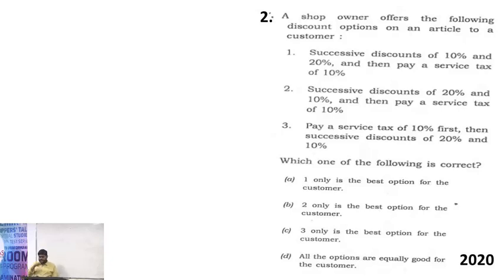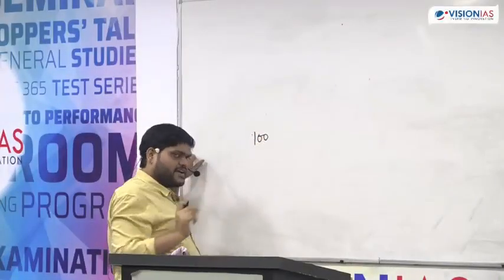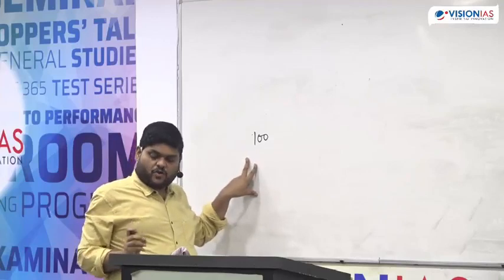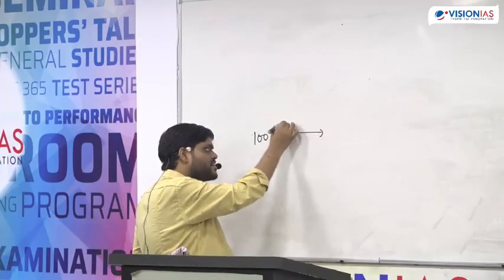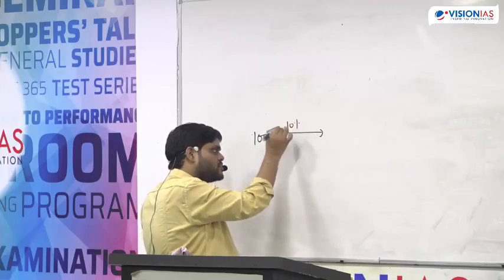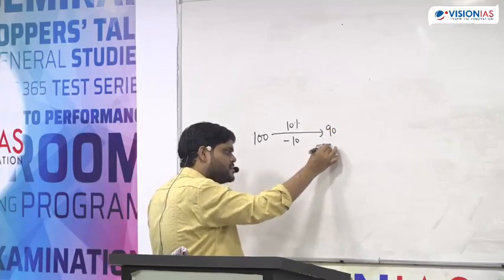Okay, let's do it. You are reading the question and trying to give the answer. See here, suppose anything was 100. Now, you are giving first 10% discount, which means this becomes 90.